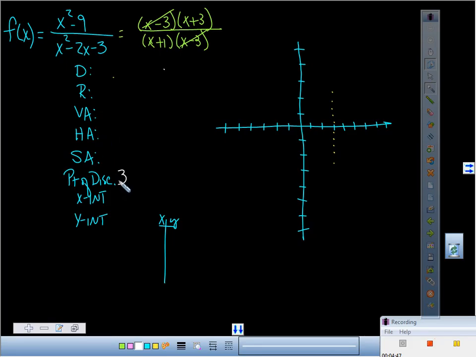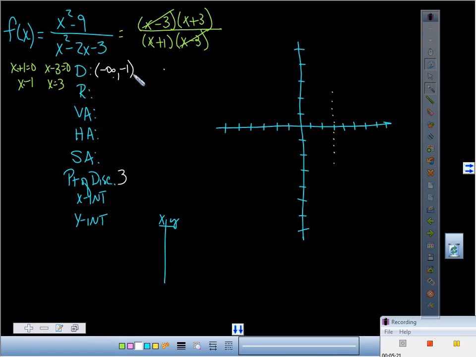Now he is a point of discontinuity. All right, so the domain. The domain is the zeros of the denominator. So that's when x plus 1 equals 0, and x is negative 1, or x minus 3 is 0, and x is 3. Okay, so somebody tell me what my domain is.